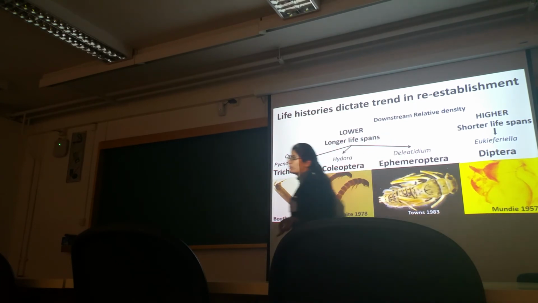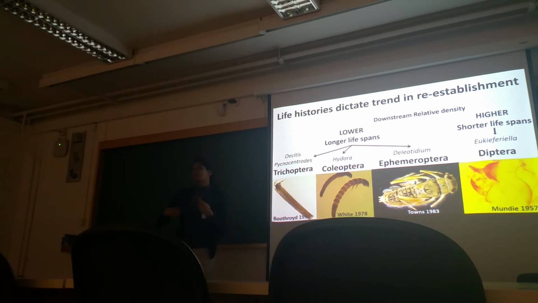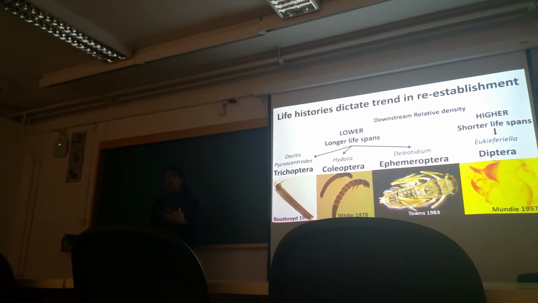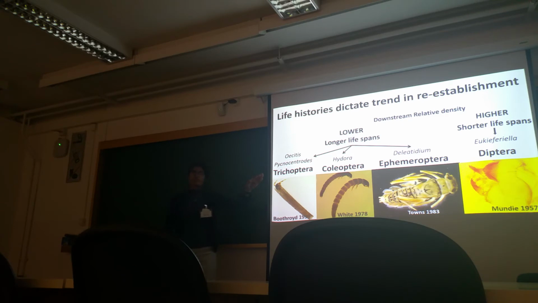Dipterans, for example, mosquito larvae, they have weeks or even just 1 month maximum of regeneration. They were relatively equally distributed, while these taxa, for example, Trichoptera, Coleoptera, and Ephemeroptera, were relatively less abundant, but they were present. So life history is what's dictating the relative abundance of species upstream and downstream.